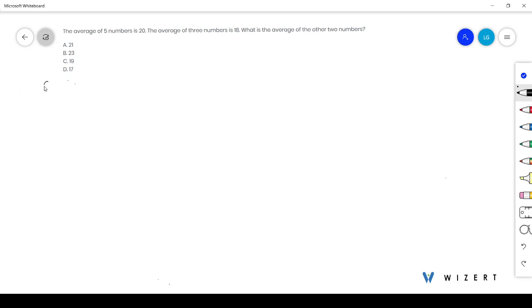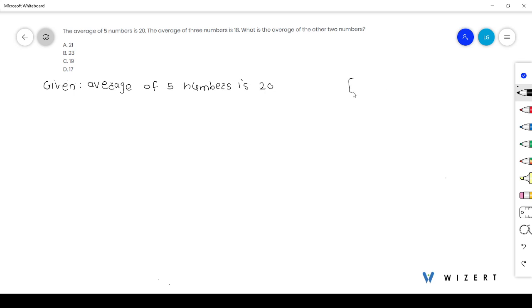Here we have given the average of 5 numbers is 20.